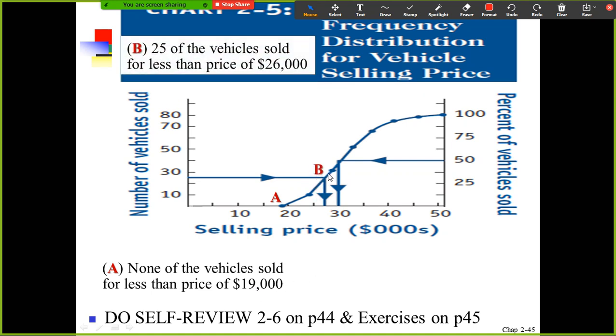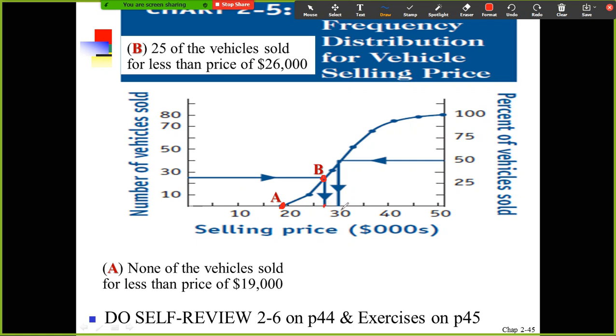B, this B. We can say that 25 cars were sold at less than the price of 26,000. I just tend to round up or round down. Relating to 26,000, it's not exact, because we don't know for sure.